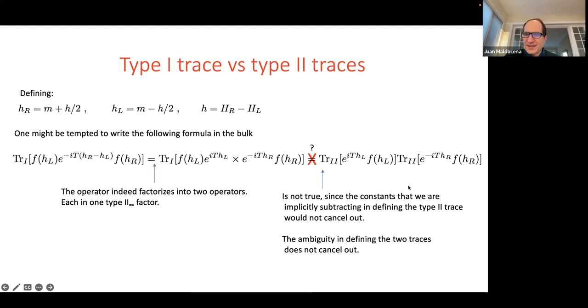So this thing here on the right-hand side is somewhat like the disconnected contribution to the spectral form factor. So it will give us the disconnected contribution up to an overall constant. That is the constant that is subtracted in defining that type 2 trace. I'm not explaining too much of the details of this.